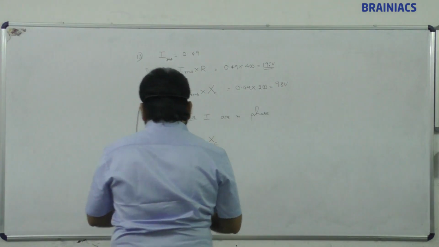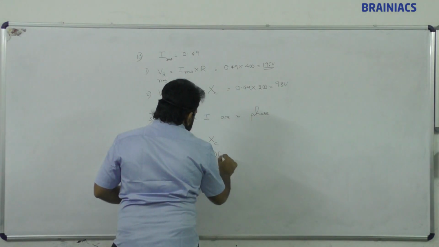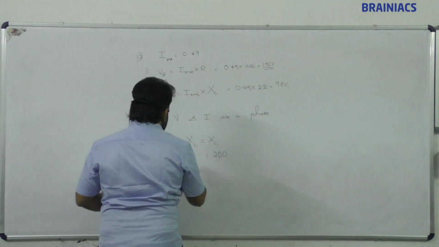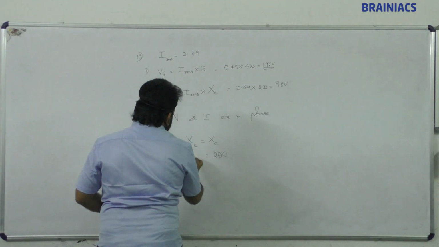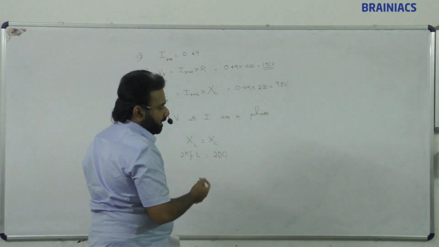Okay, so what is XC? XC is given as 200 and we need to find the inductor.